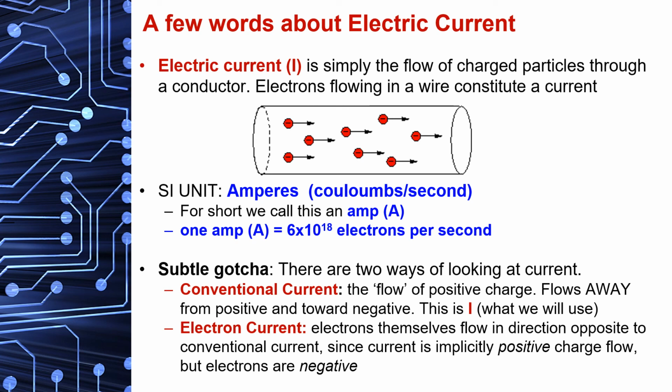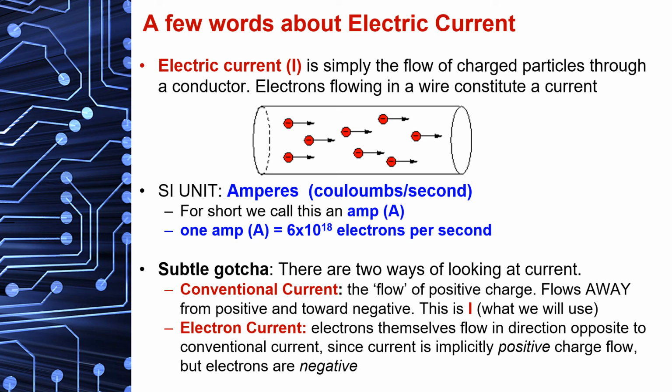Now, electron current is the more proper way. If you could actually get inside the wire and look at what's happening, you would see the little electrons flowing, but they would be flowing in the exact opposite direction of the conventional current, the way we say it, which is unfortunate because it would be nice if we just had one way of talking about it. That's why we're not going to talk about electron current.